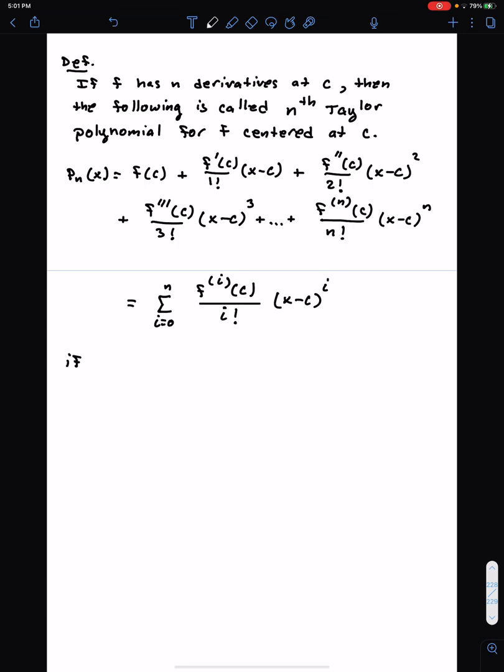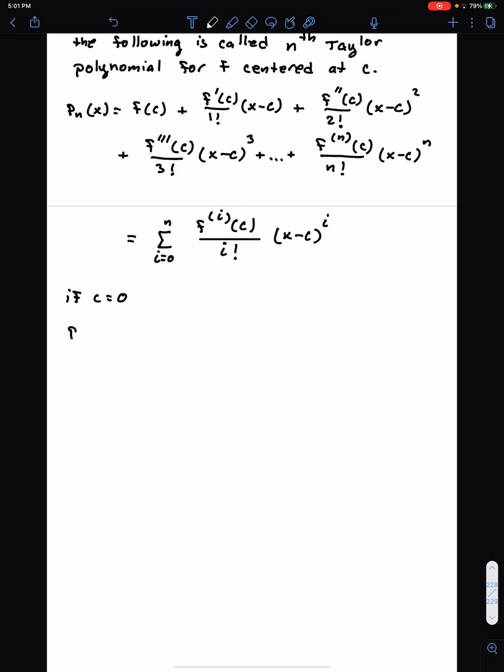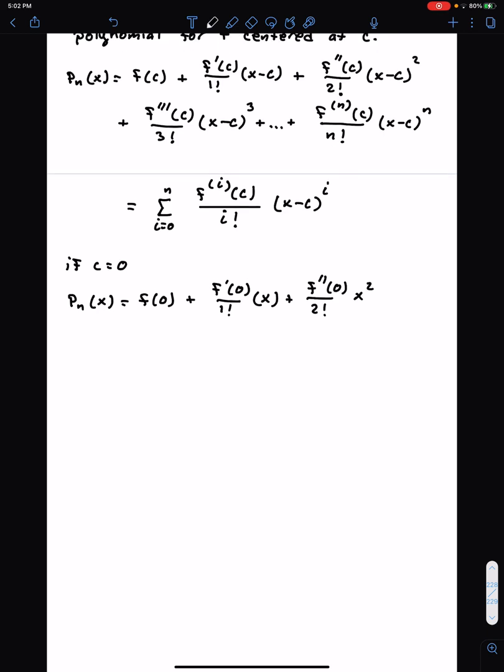If the center is 0, so if c equals 0, the polynomial turns into f of 0 plus f prime of 0 divided by 1 factorial times x minus 0, or just x, plus f double prime at 0 divided by 2 factorial times x minus 0 squared.